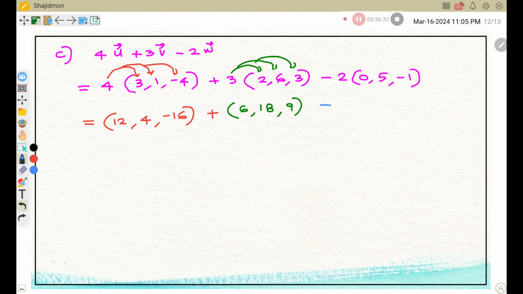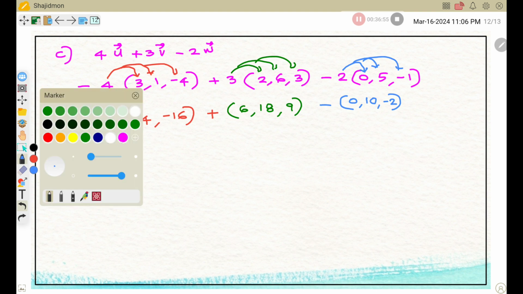Minus the third vector, 2 times 0 is 0, 2 times 5 is 10, 2 times minus 1 is minus 2. If you want, you can multiply the minus inside too, but we need to write plus at that time. Now add these vectors, and we will get the answer.